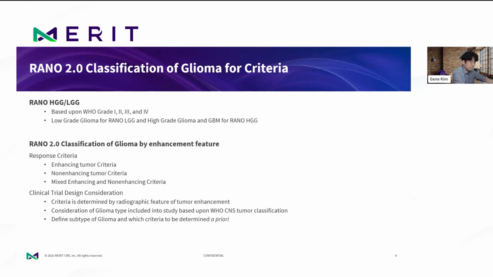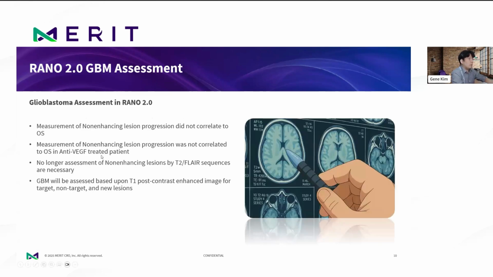this study. And also updates on the glioblastoma assessment is that in the RANO HGG, there were also recommendations to assess the T2 or the FLAIR sequences to assess the non-enhancing portions.